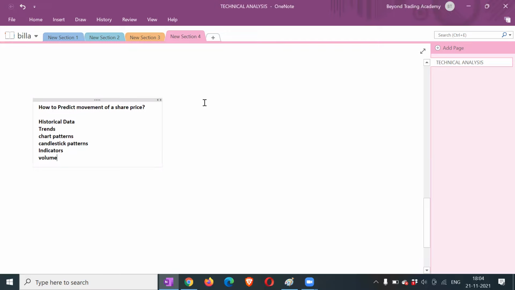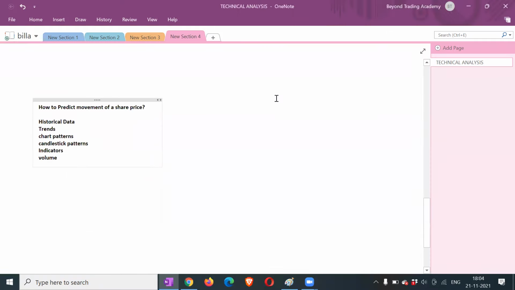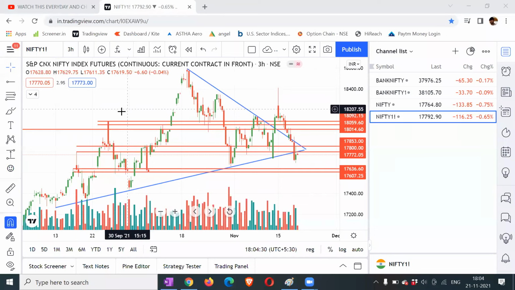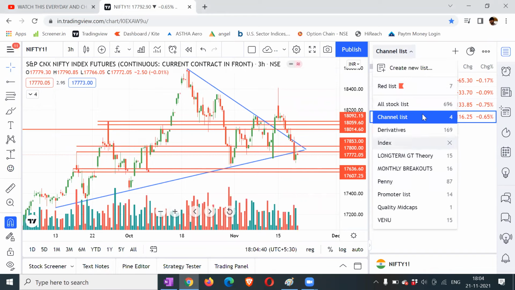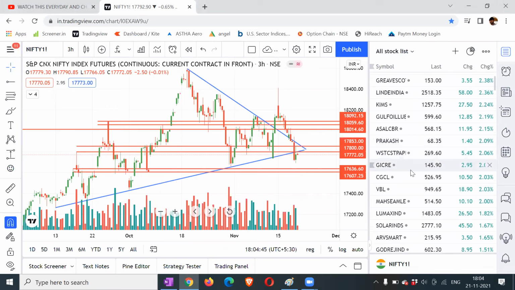Before moving forward, let's proceed with this. So, Nifty chart. Let's take something which is really clean. Anything is fine.